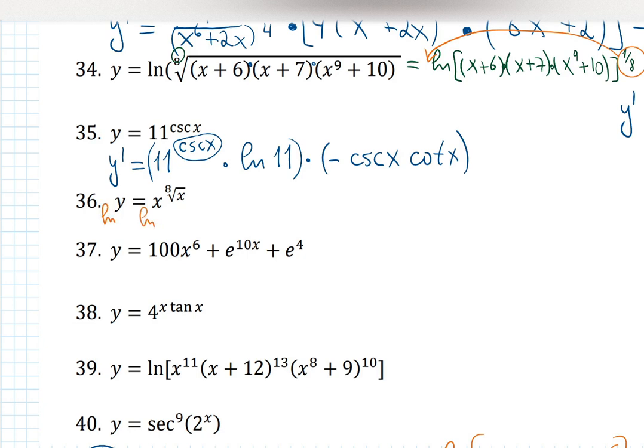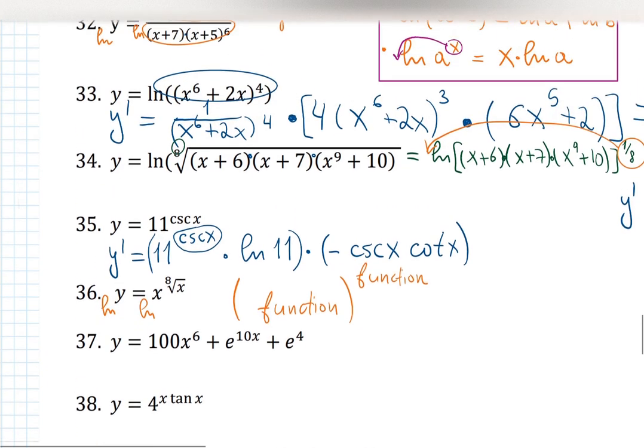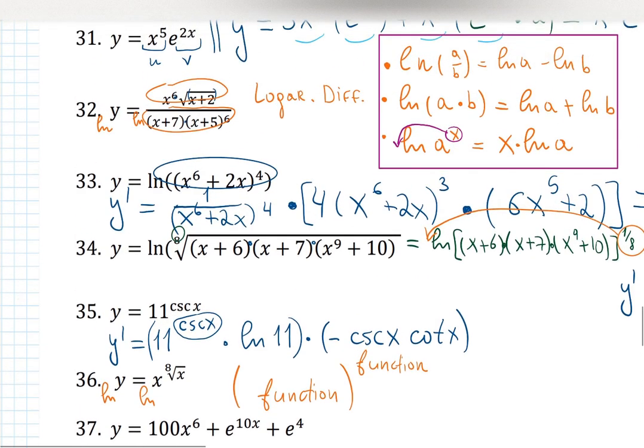In general, I will usually teach my students that if you have cases of a function raised to a function, so before we had 11, which is a number raised to a function, we can do that using formulas for that. Log is fine. Before, we had fractions, which are fine.